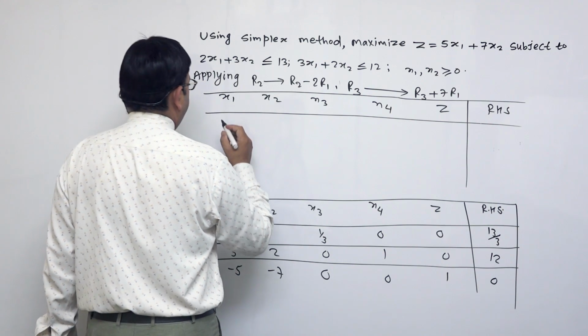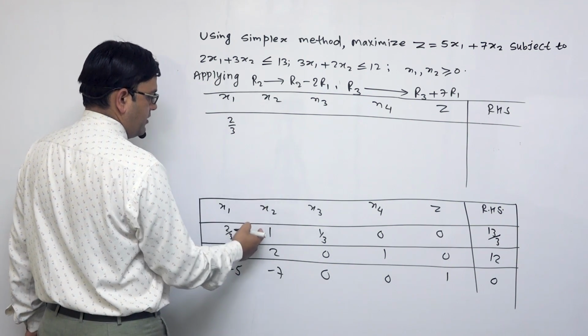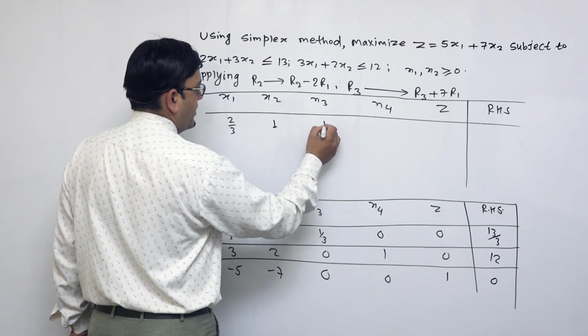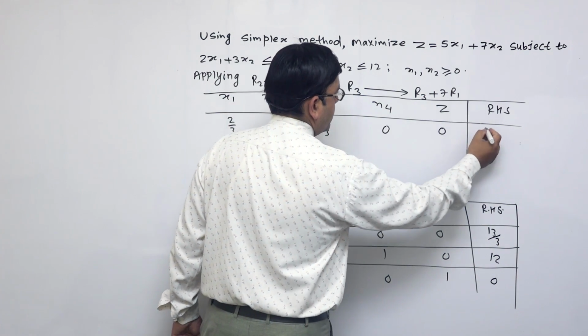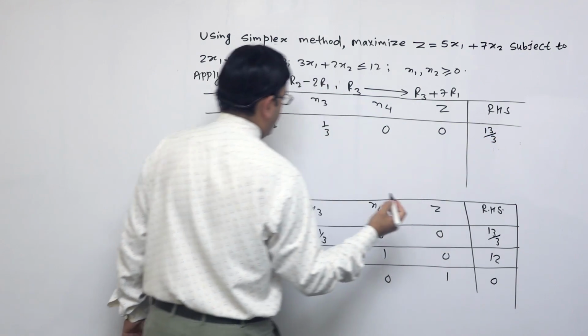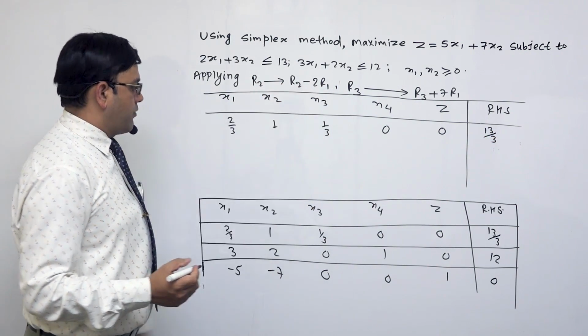We have x1 2/3, and then this one is 1 and 1/3. Similarly this one is 0 and this is also 0, and this 13/3. Now R2 changes into R2 minus 2R1.